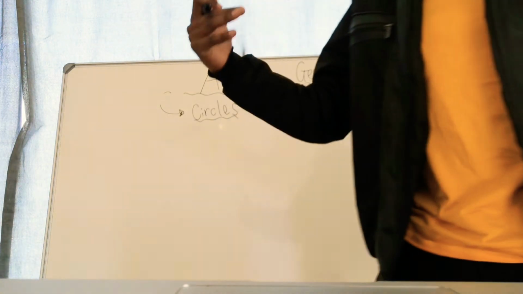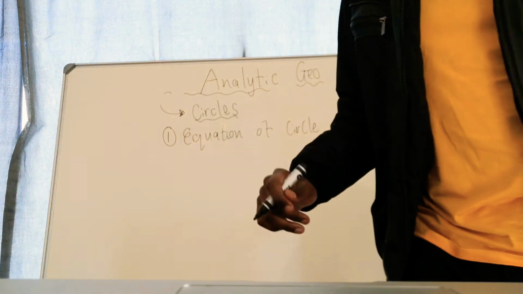And just like we've been doing with lines, we need to find the equation of the circle. So that's the first segment of the video, that we're going to be finding the equation of the circle. Right?